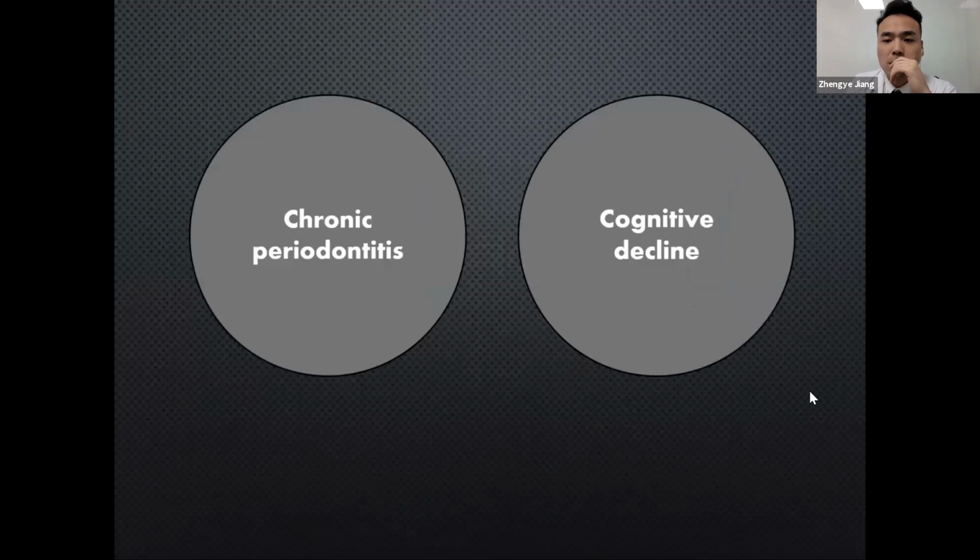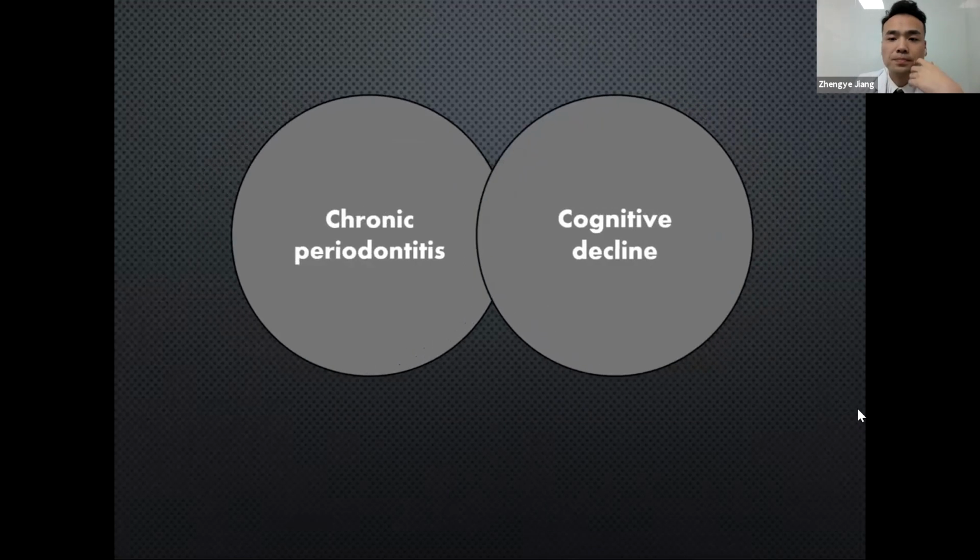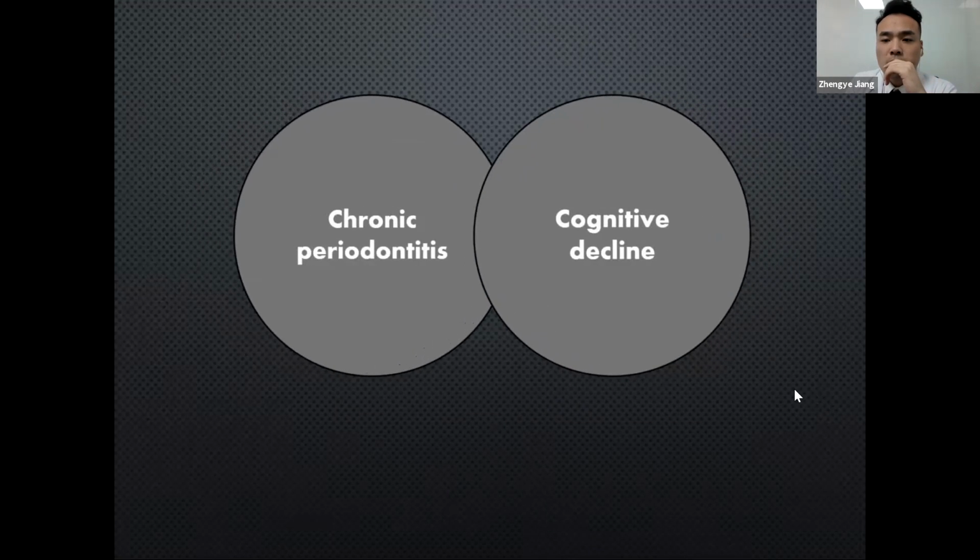Periodontitis constitutes a chronic inflammatory disease. During the development of periodontitis, associated complications such as alveolar bone destruction, as well as the loss of attachment of collagen fibers to the periodontal ligament, will occur, eventually leading to tooth loss. A large number of recent reports have shown that chronic periodontitis comprises a risk factor for neurodegenerative disease, such as cognitive decline.